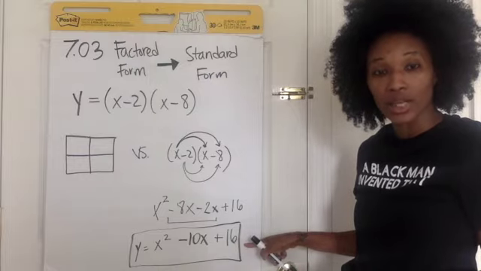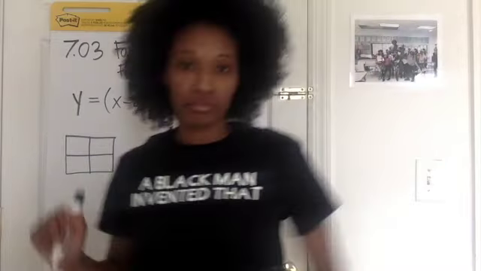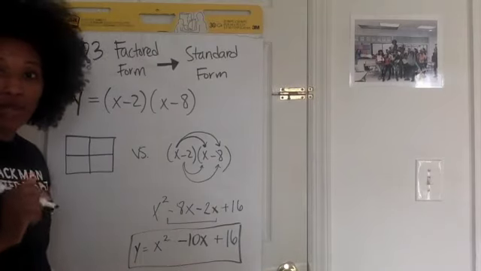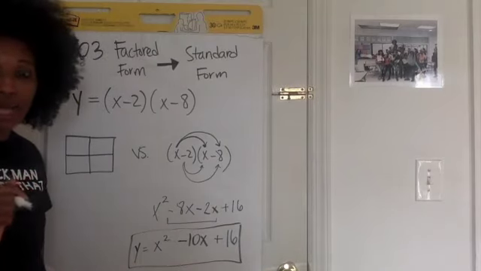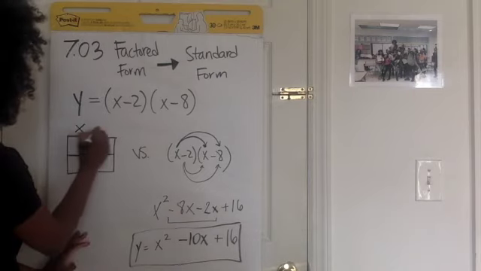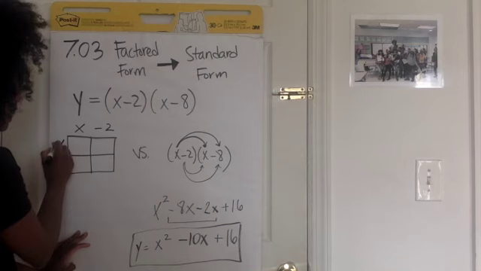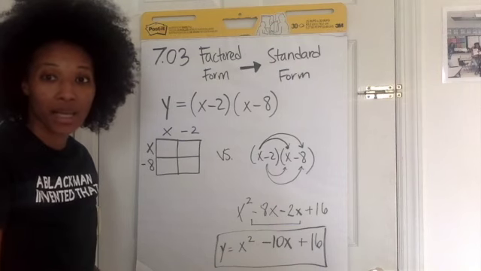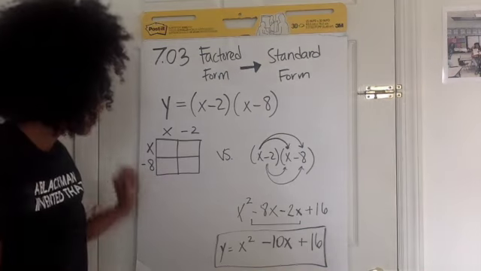Now let's quickly look at the box method. Using the box method, I'm going to write the first parentheses on top and the second parentheses on the side. X minus 2, x minus 8. Now that I have my box set up, I'm going to go ahead and multiply.